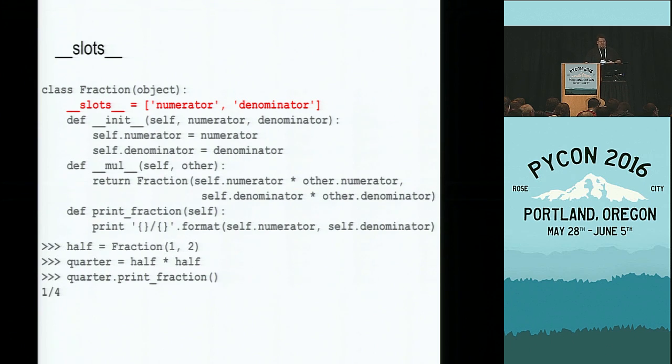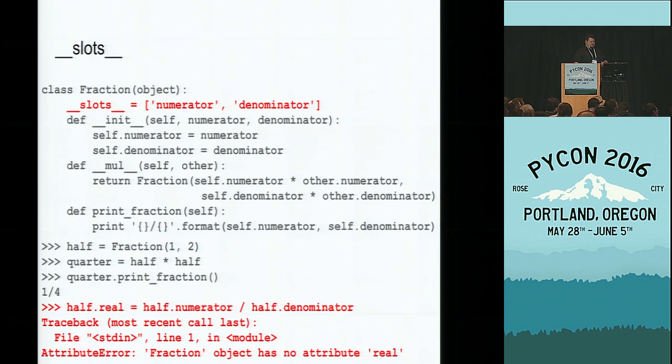We could call that init. We could then go through our other methods. But if we tried to assign a new attribute that isn't in this list, so if I tried to set half.real to numerator over denominator, that's going to fail with "Fraction object has no attribute real."